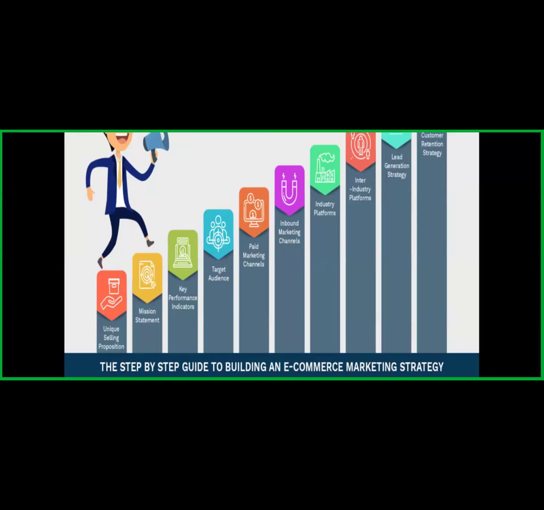Gone are those days when people used to wait for 10 days or 15 days to get the product delivered at their place. Now everyone wants speedy delivery, so the company has to mention that also when they are promoting their marketing strategy. So Flipkart is highlighting this particular case.